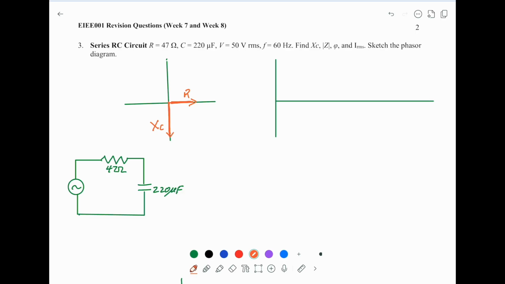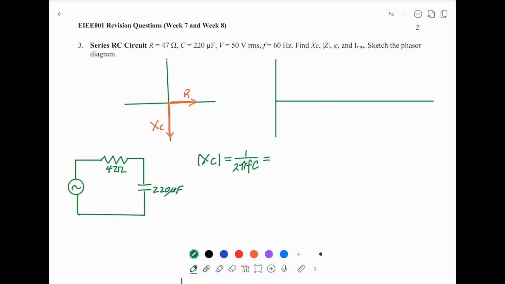Now let's calculate XC with the formula. The formula says the magnitude of XC is equal to 1 over 2 pi FC.